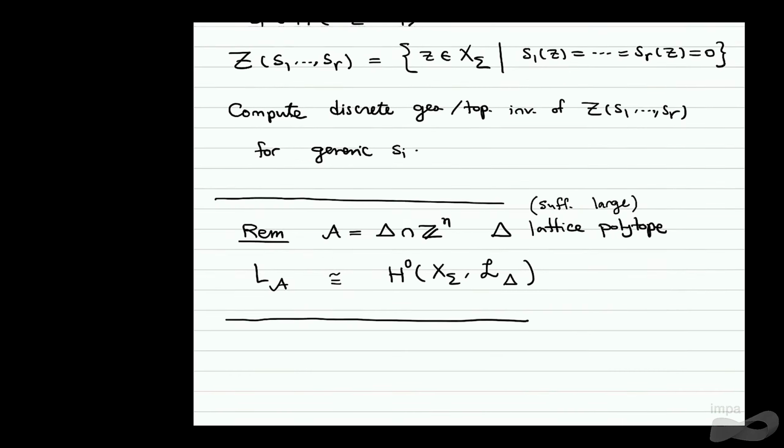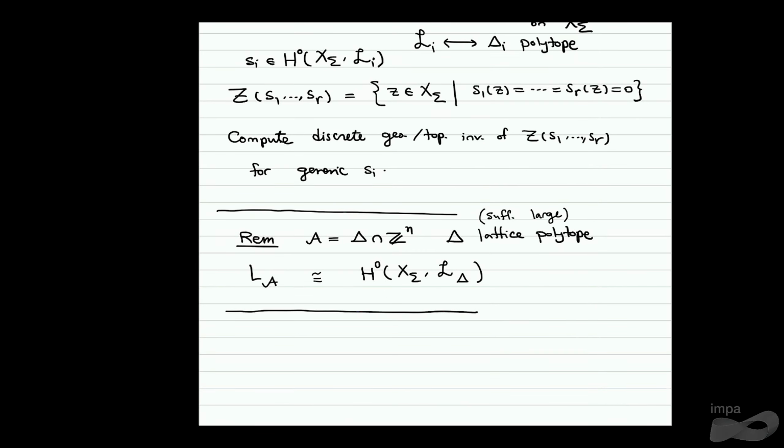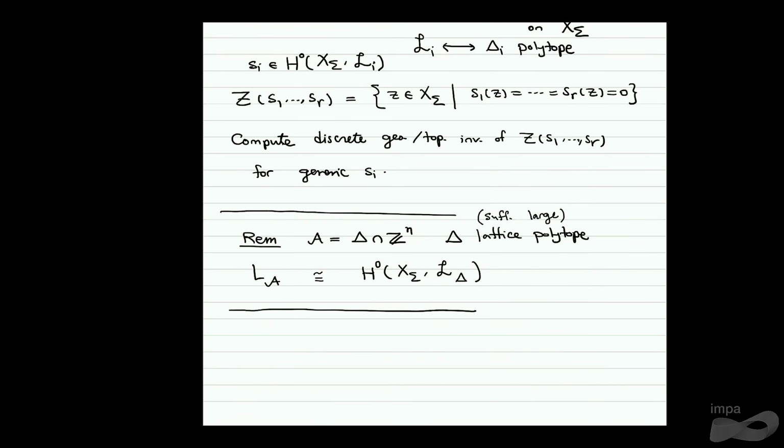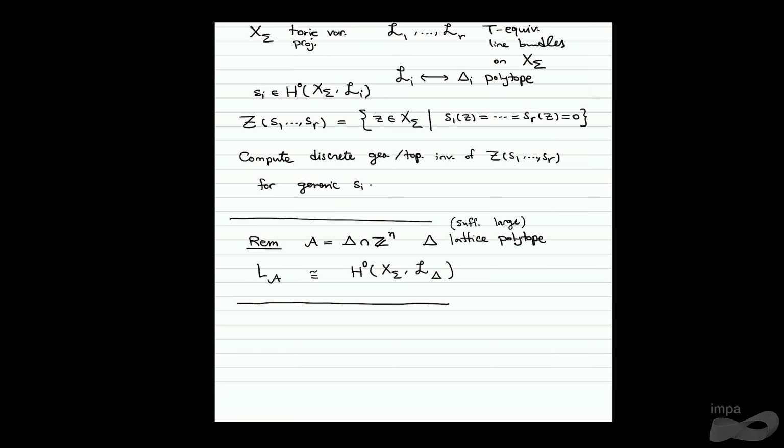It's also familiar for people who know toric varieties that if you have a line bundle associated to a polytope and look at the lattice points inside the polytope, which I call A, the subspace L_A of Laurent polynomials with monomials from A corresponds to a natural basis for the space of global sections.